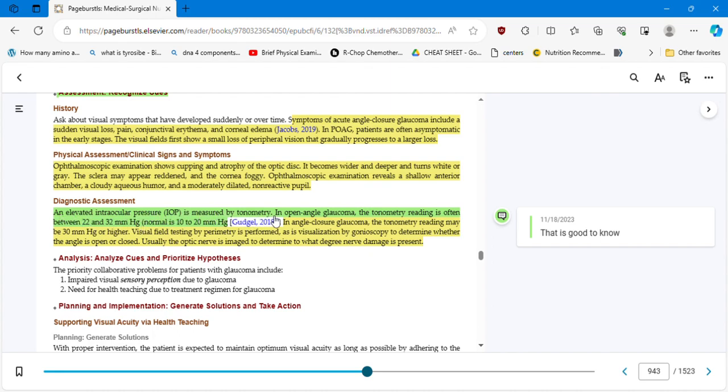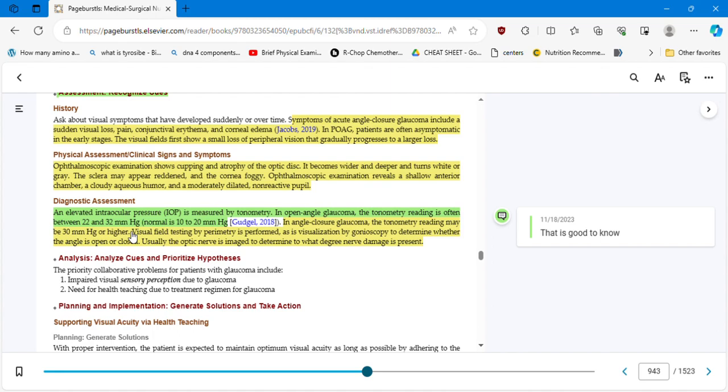We spoke about that. In open angle glaucoma, the tonometry reading is often between 22 and 32. Normal, we know, is 10 to 20. So the earliest stage is 22 to 32. Okay. In angle closure glaucoma, the tonometry reading may be 30 or higher.